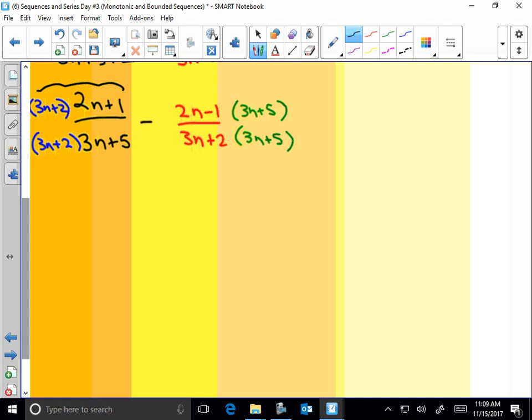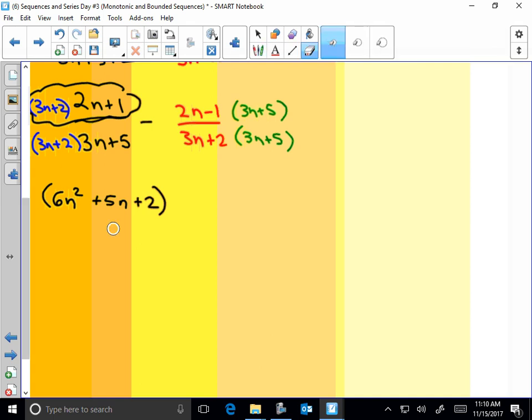Okay, up here, I got a FOIL. Somebody correct me if I FOIL this wrong: 6n squared plus 5n plus 2. Are we good? Oh, 7n, that's a 2. Yep, good. Thank you. That's why I keep you around.